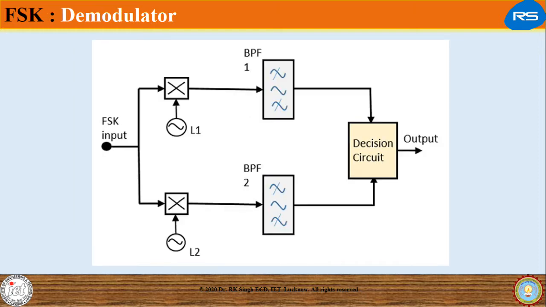Synchronous FSK detector. It consists of two mixers with local oscillator circuits, two bandpass filters and a decision circuit. The FSK signal input is given to the two mixers with local oscillator circuits. These two are connected to two bandpass filters.